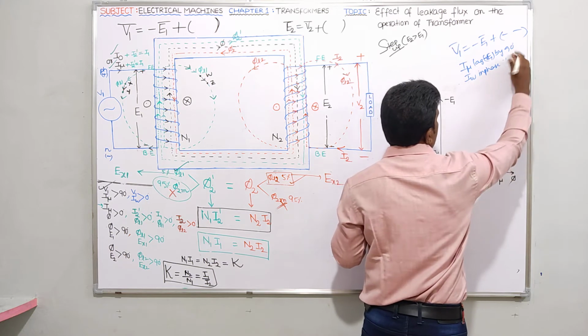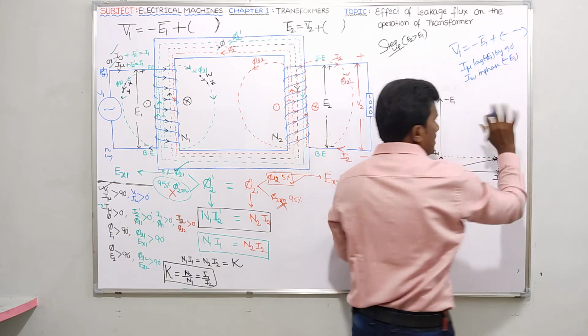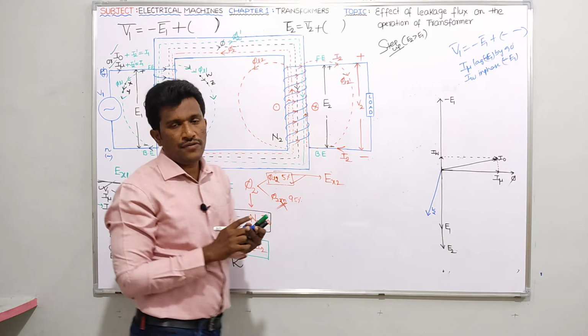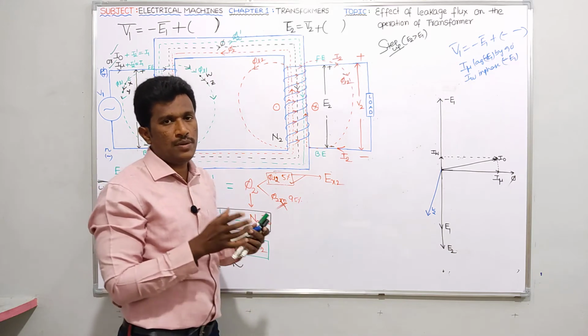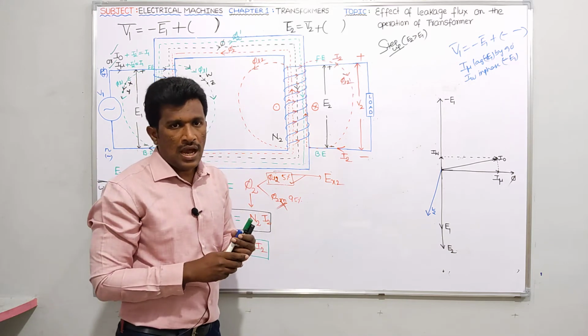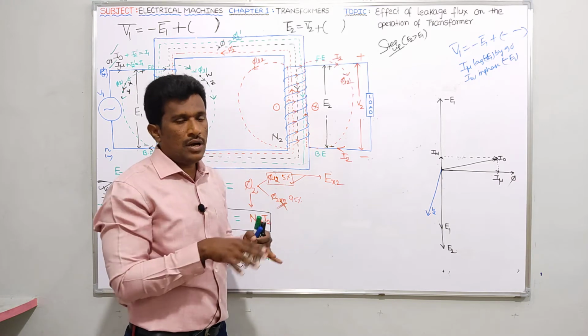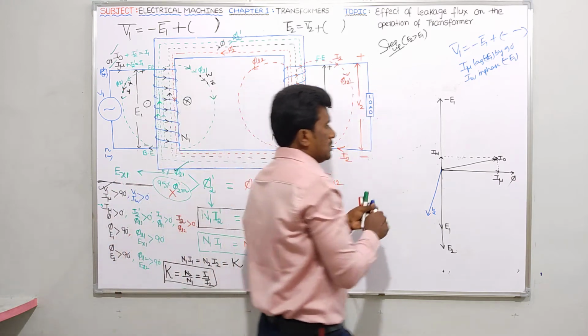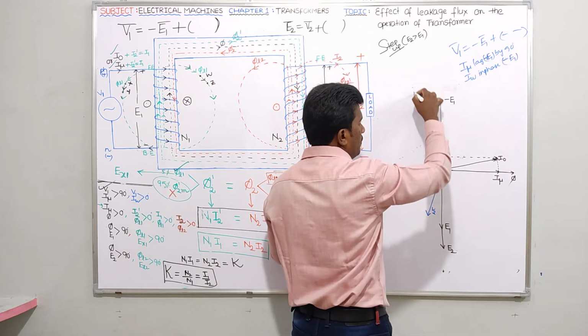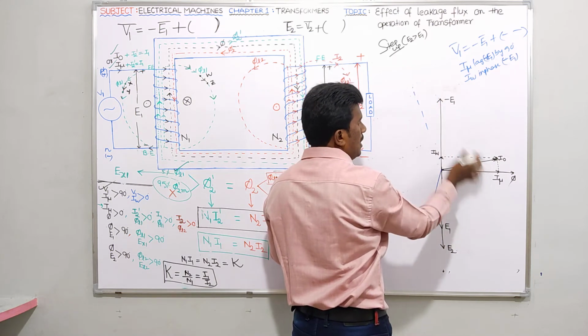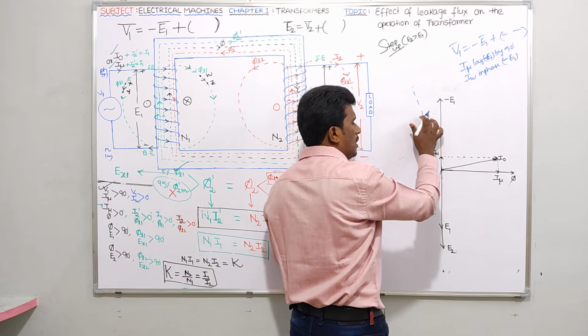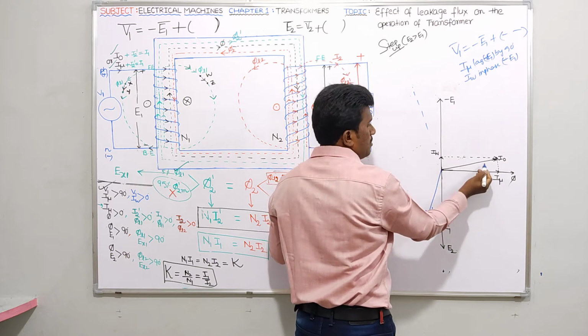Similarly, IW in phase with the minus E1 vector. That's it. It's only an assumption. In fact, no doubt, as you said, I mu will be in quadrature with V1 only. IW is in phase with V1 only. But here I am assuming for having a better diagram, because if you draw V1, you get it somewhere here. So I mu making 90 degrees with V1 means I mu will come somewhere here.